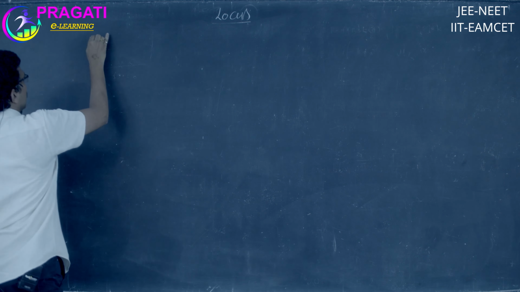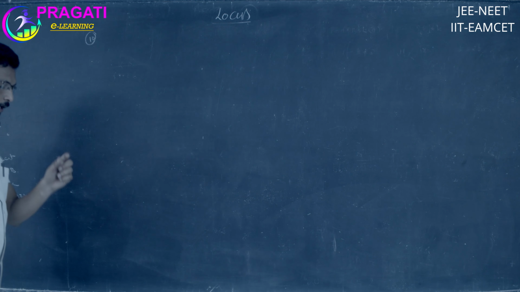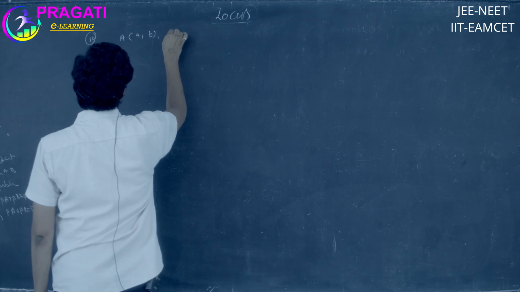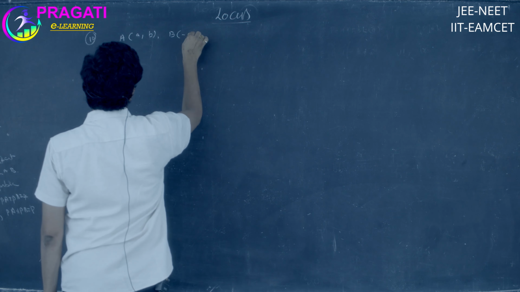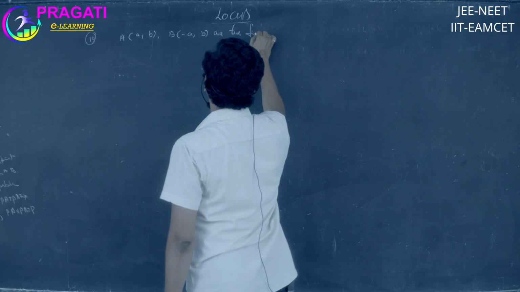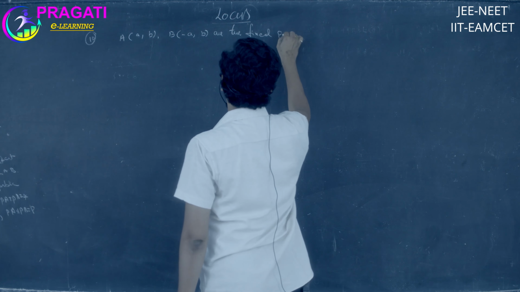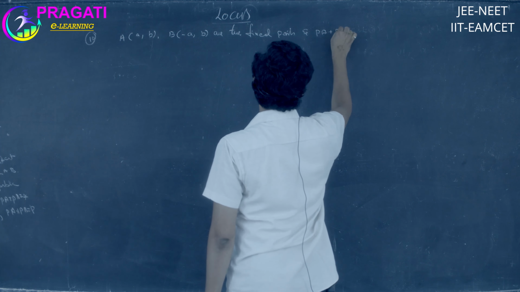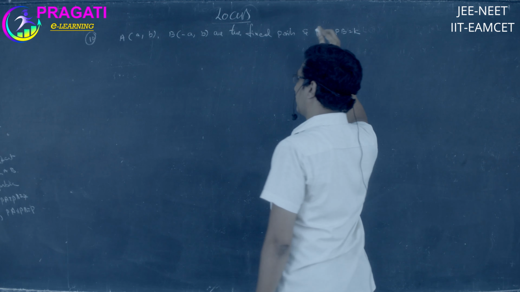Okay, the 10th point. Let A (a, b) and B (minus a, b) be two fixed points and PA plus PB is equal to k.